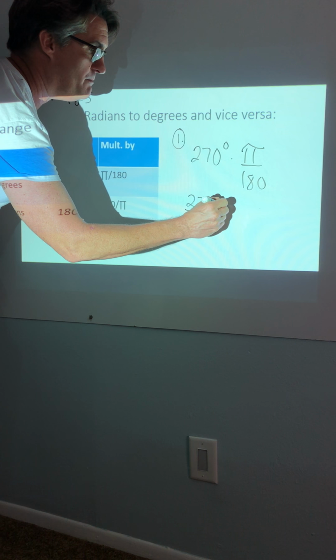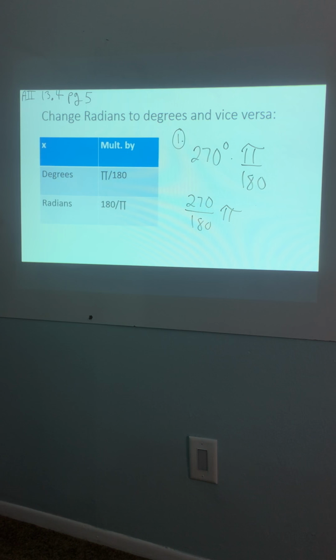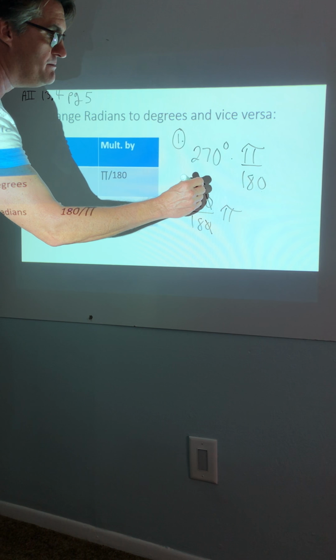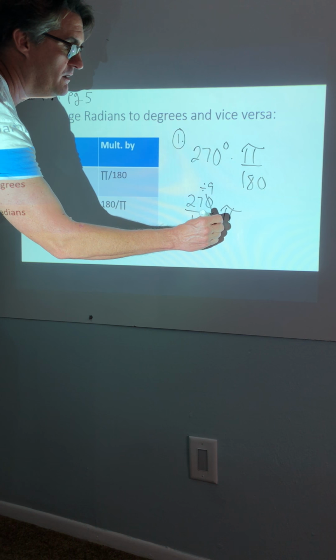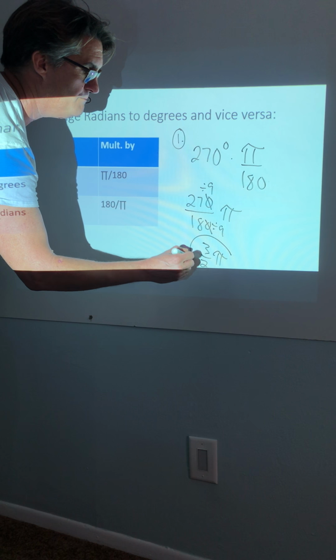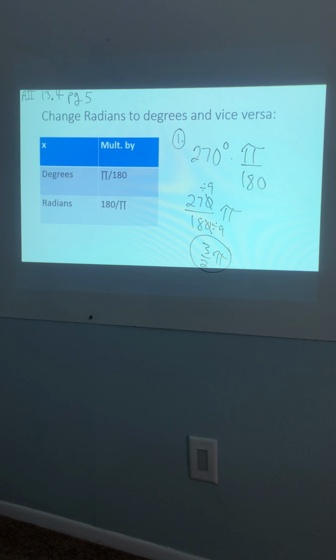Just put the Greek symbol pi in the back so you don't have to stress it. Then drop those zeros, divide both by 9, and the answer is 3/2 pi. Just put that pi in the back and reduce that fraction.